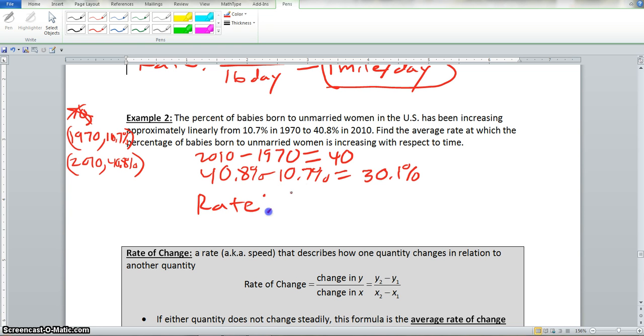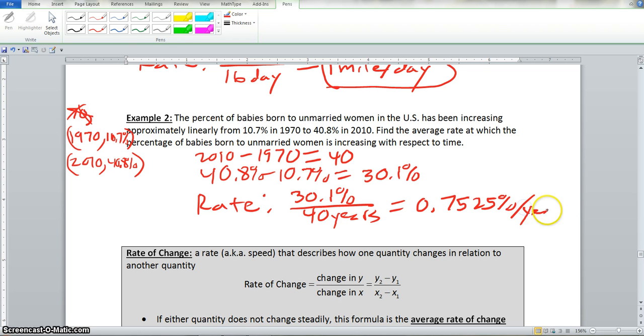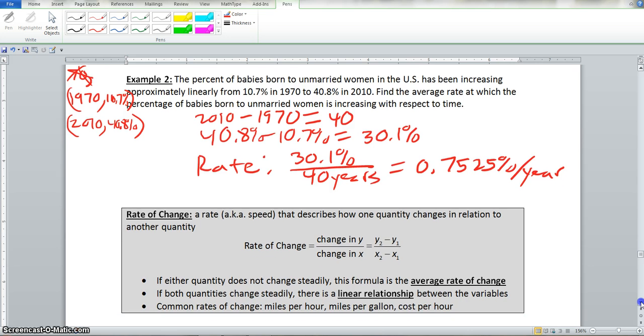The rate would be 30.1% divided by the amount of years, which is 40 years. 30.1% divided by 40 years will give us 0.7525% per year. And that is it for that problem.